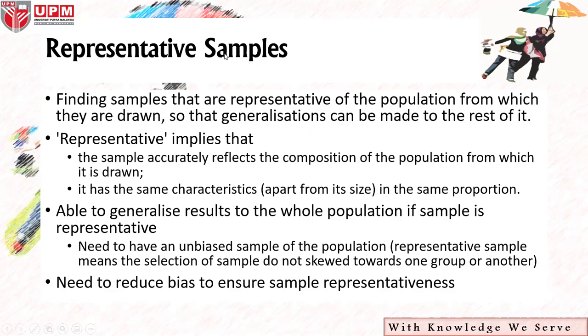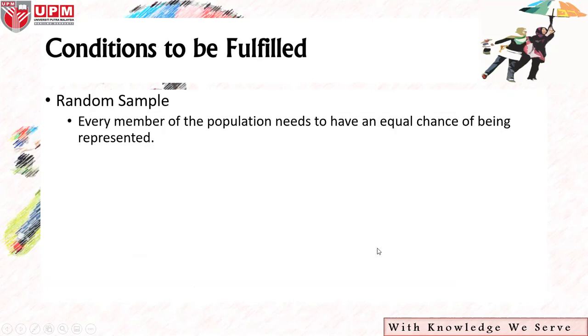Therefore, to ensure the representative sample, we need to reduce bias to ensure ni sample representativeness ni. So condition to be fulfilled to ensure the representativeness is random sample. So every member of the population needs to have an equal chance of being represented ataupun be involved in the study or not to be involved. Ini maksud dia random sampling.